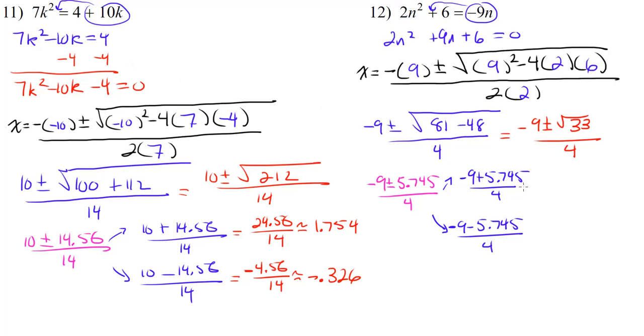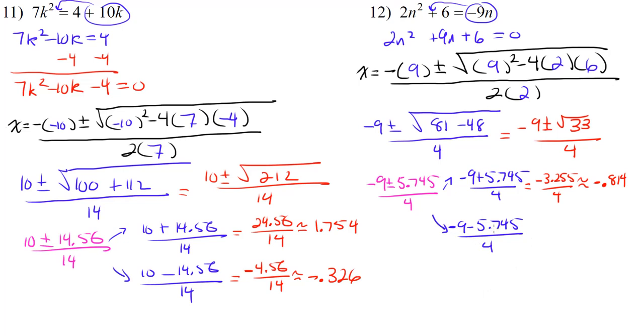Negative 9 plus 5.745 is negative 3.255. And negative 3.255 divided by 4 is approximately negative 0.814.